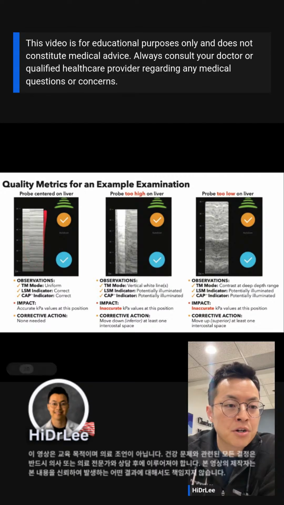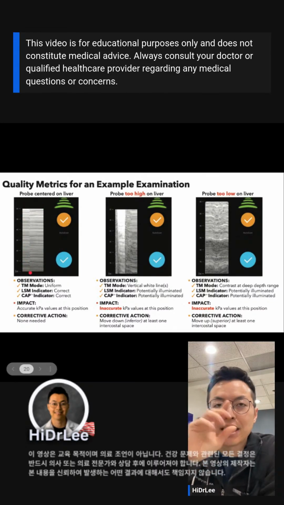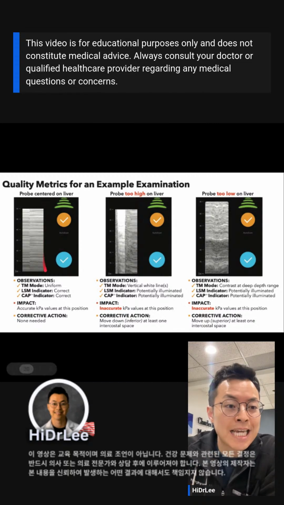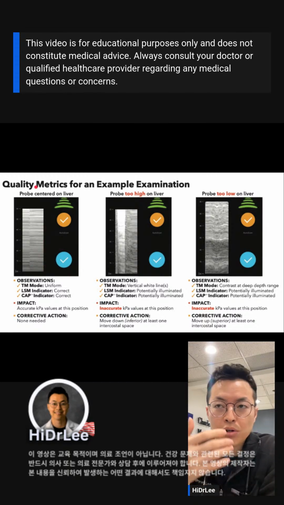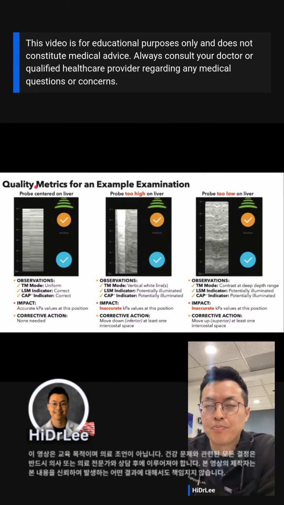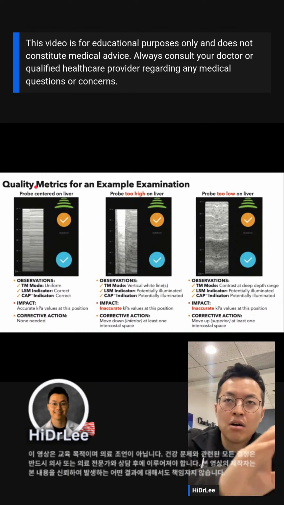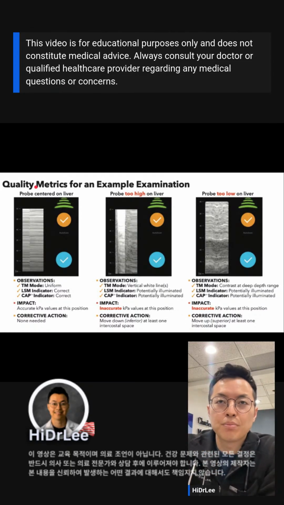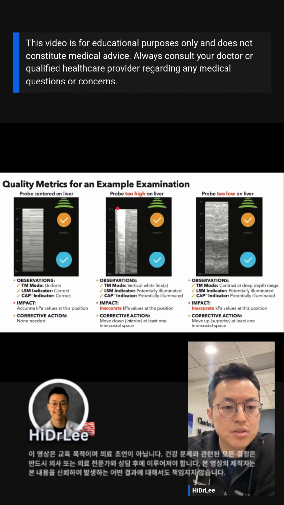What you see here is actually the ultrasound. We call that M mode of ultrasound. It tells us whether you put the probe in the right position. Like, this is not the lung, this is not the rib. You put the probe on the liver, and it also tells us whether the probe is located where there's a large vessel, which may interfere with the test.